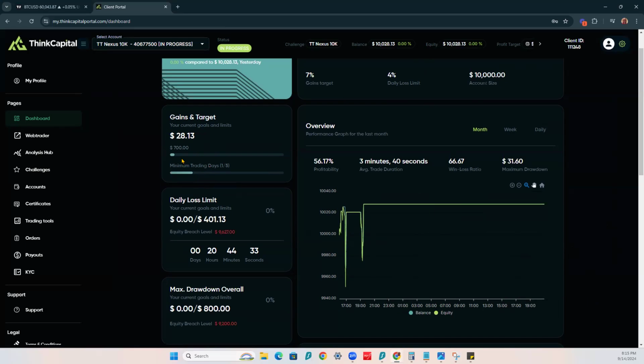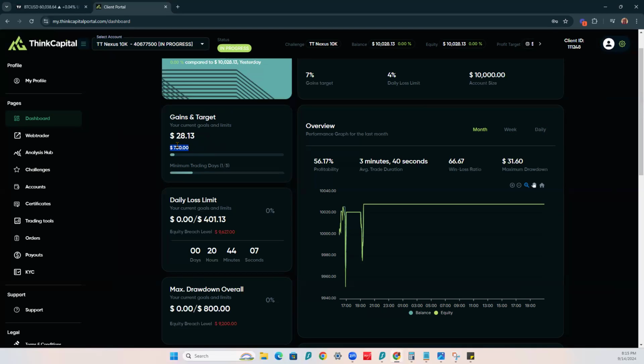Gains and targets, like right here. My target is $700. Okay. Once I make $700 in total profit, and this is a demo account, by the way, I would have passed phase one. This is a three-phase challenge. Okay, very inexpensive, and they refund your money back once you actually pass the challenge, which is nice.